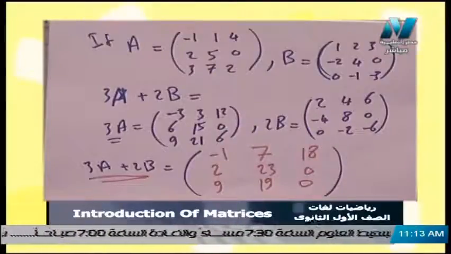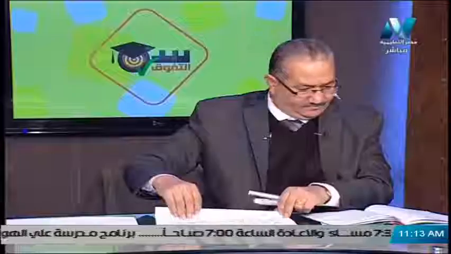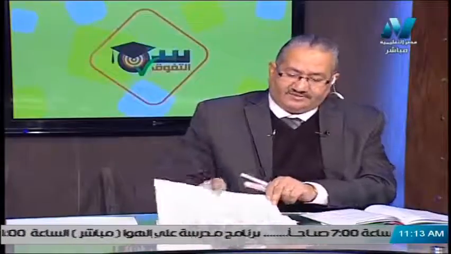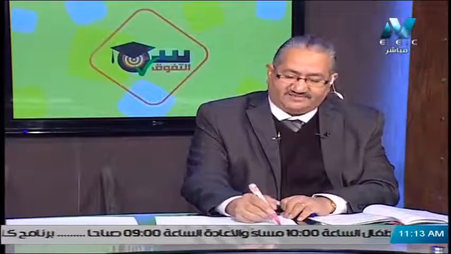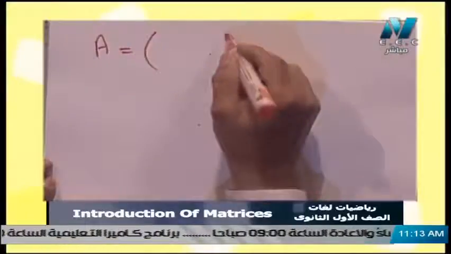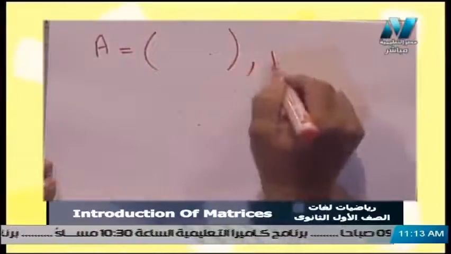Okay, the equality of a matrix. Equality of a matrix is a very enjoyable and easy part. If we have two equal matrices like that, we have a matrix A, and B is another matrix.